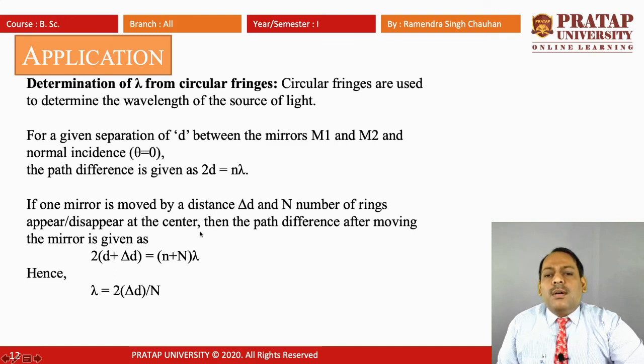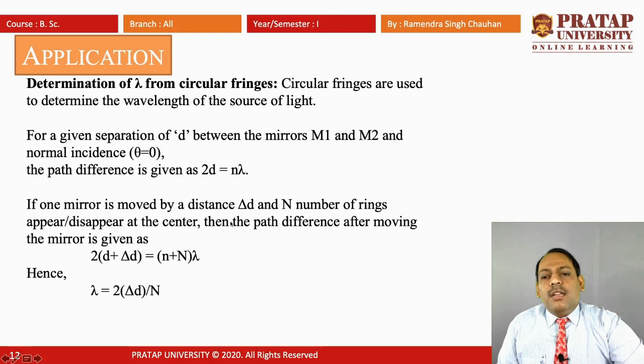So, we can observe that when we are moving the mirror M2, the fringes will change at the center. They will shift by some order, they will appear or disappear. If we are increasing the distance, moving mirror M2 away, then we will find that fringes are appearing: the center fringe will come out, and another fringe will appear at the center.